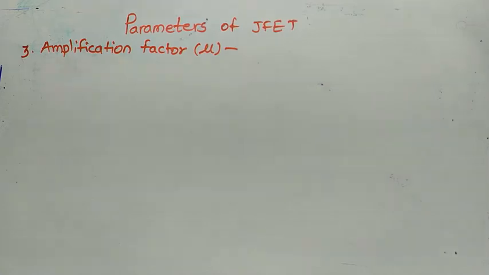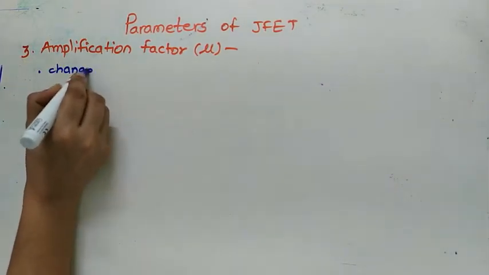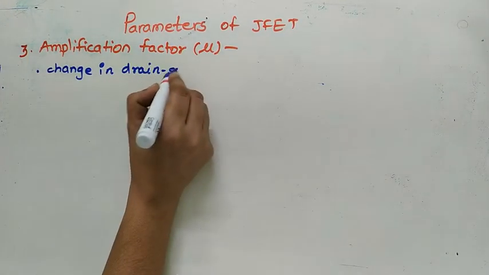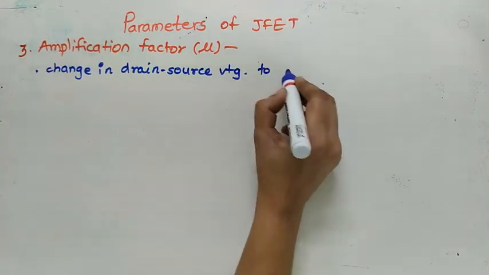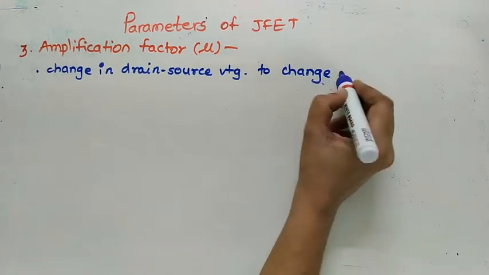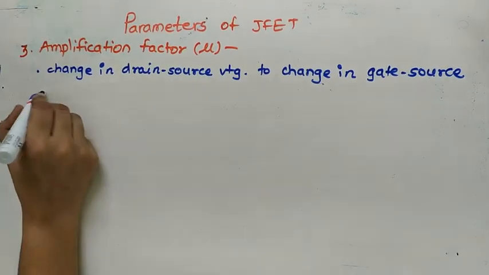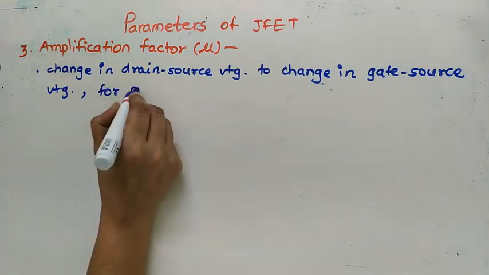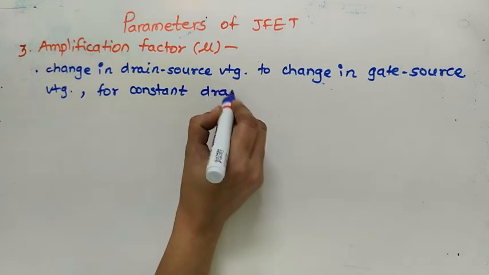This amplification factor is the ratio of change in drain source voltage to change in gate source voltage for constant drain current.